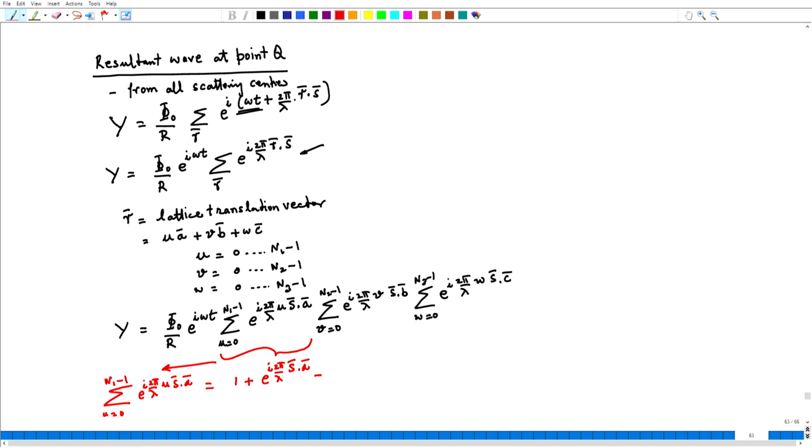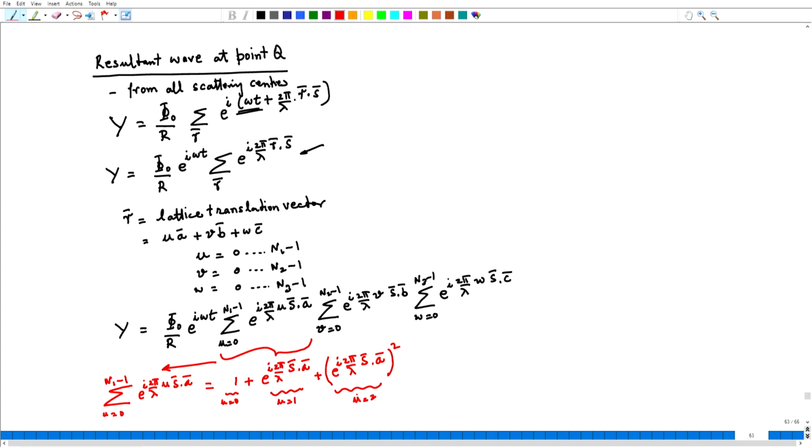The third term would be e to power i 2 pi upon lambda s dot a, but this time u is equal to 2, so I can write this as squared. So, this is u equals 0, this is u equals 1, this is u equals 2, and so on.